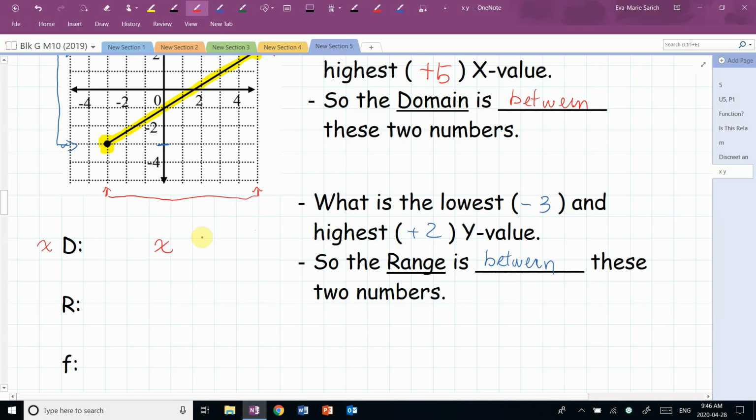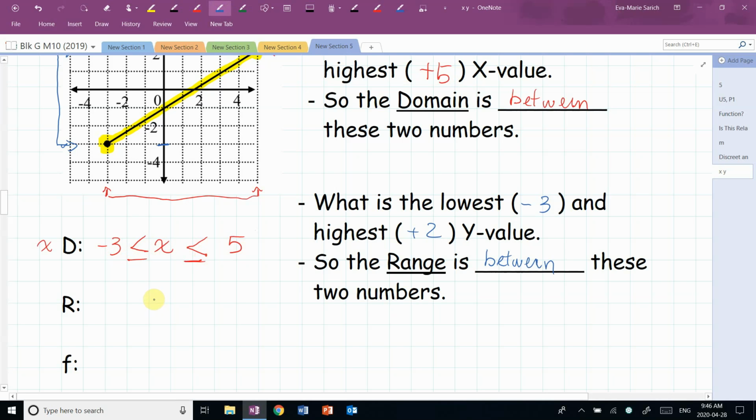So we use these greater than or less than symbols. So x is smaller than the highest value, which is 5, but it can also equal 5, so we put that half of an equal sign underneath. x is also greater than or equal to the lowest value, which we said was -3. So x is smaller than or equal to 5, but greater than or equal to -3.